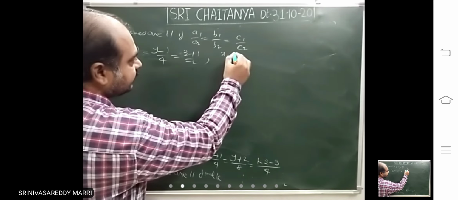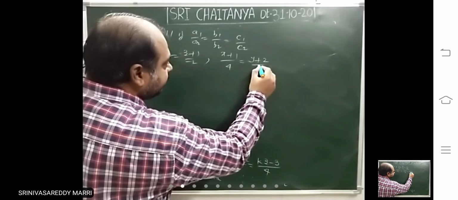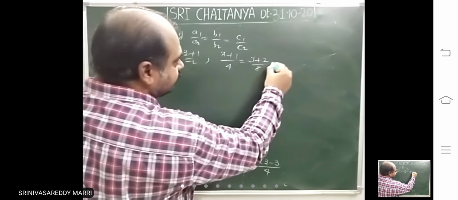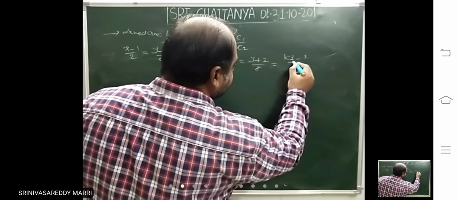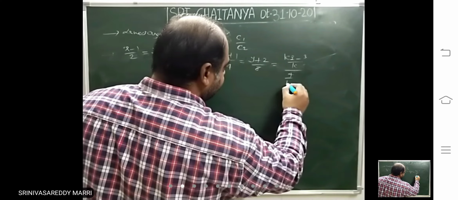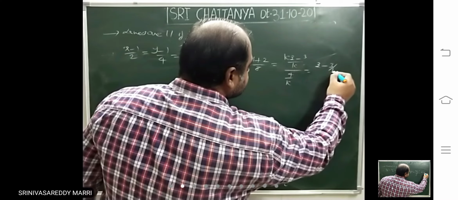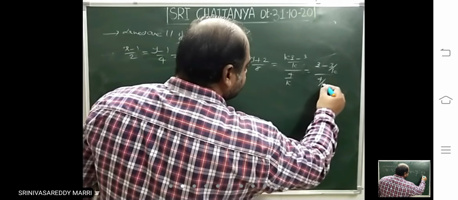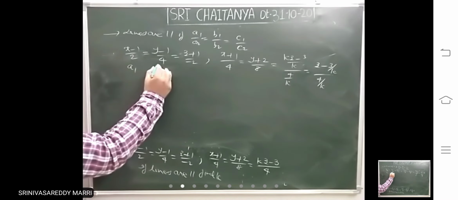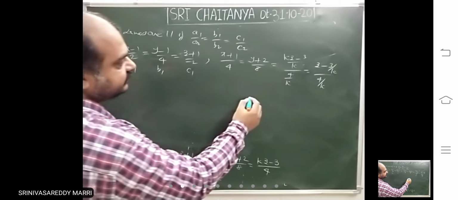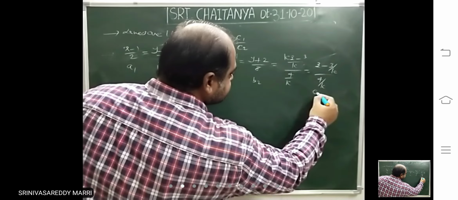Now this line is there, x plus 1 by 4 equal to y plus 2 by 8, and z minus 3 by k divided by 4 by k. Both numerator and denominator divided by k. Like that you have to convert into standard form. So this is A1, B1, C1, and this is A2, B2, C2.